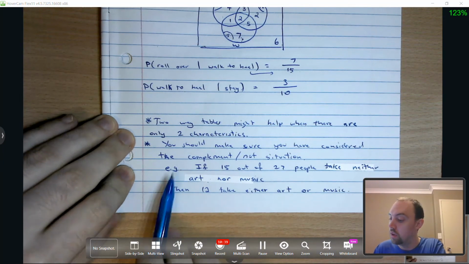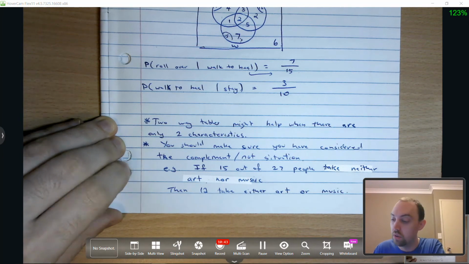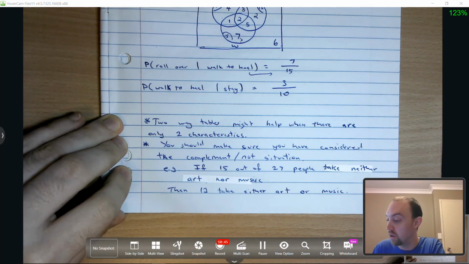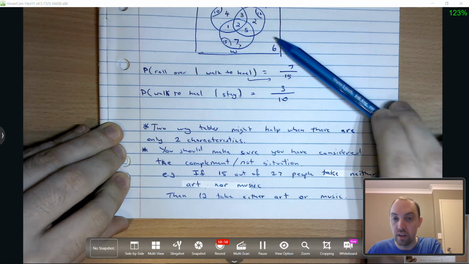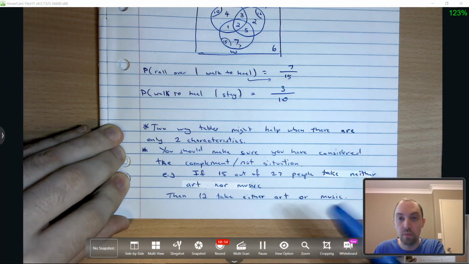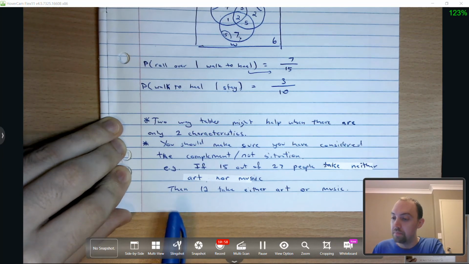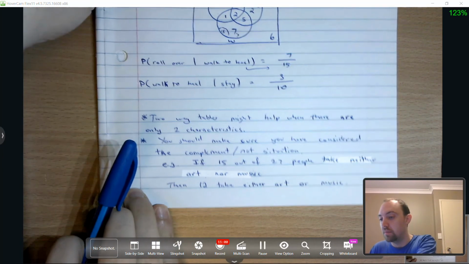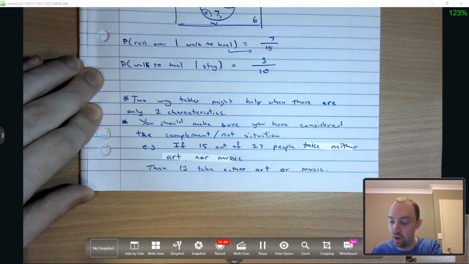I mentioned using two-way tables before. It is harder to do, or I'm not sure how to do one, to be honest, when there are 3 characteristics like we've got above. That only really helps us when we've got our 2. Anytime you're doing these Venn diagrams, make sure you consider the complement or the not.